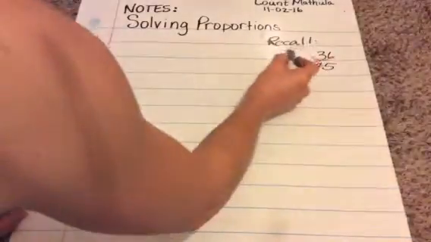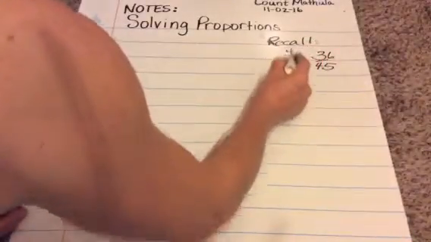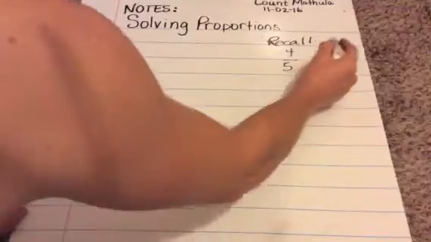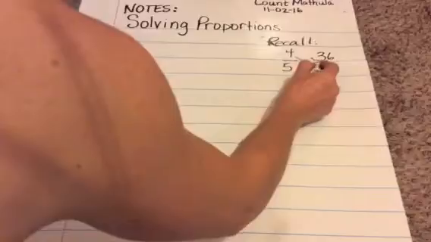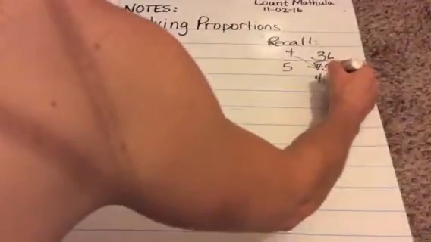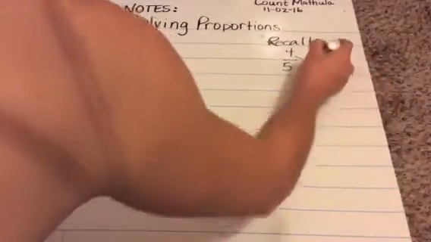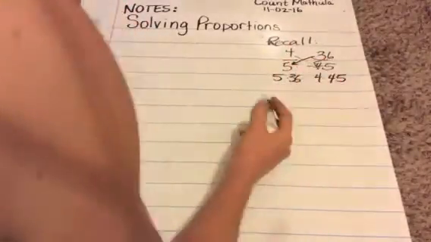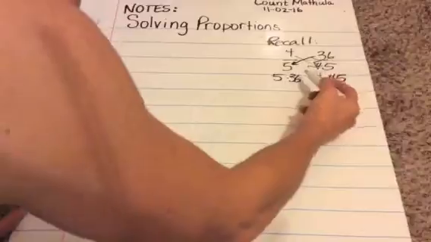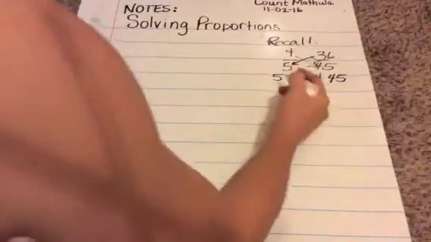The way we learned to do that is, we know that if one fraction is equal to another fraction, their cross products are equal. So on the quiz, you took cross products, 4 times 45 and 5 times 36, and you multiplied those to see if you got the same answer, then you would know those were equal.